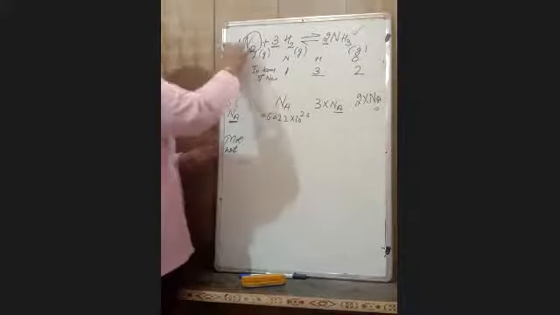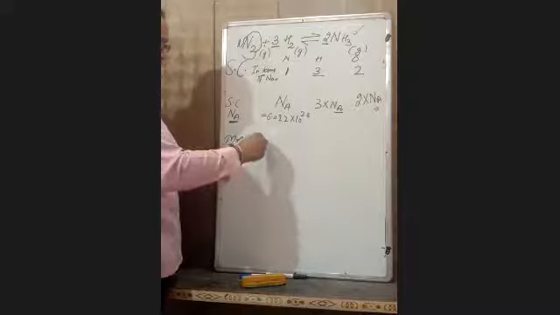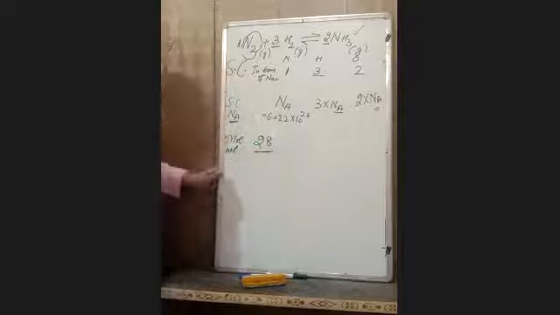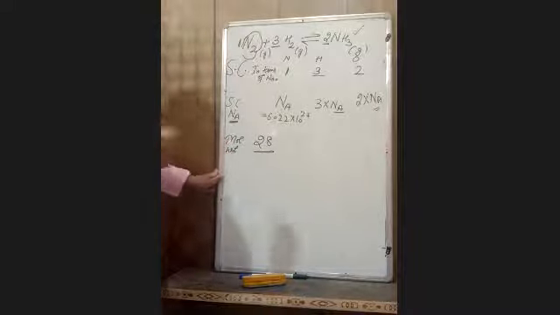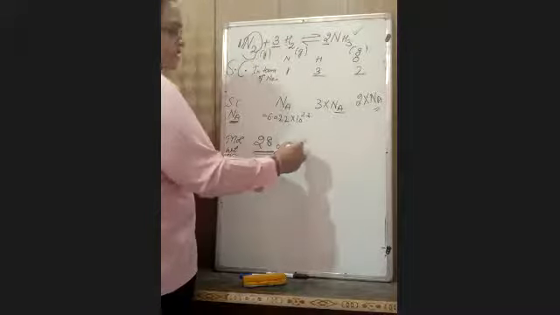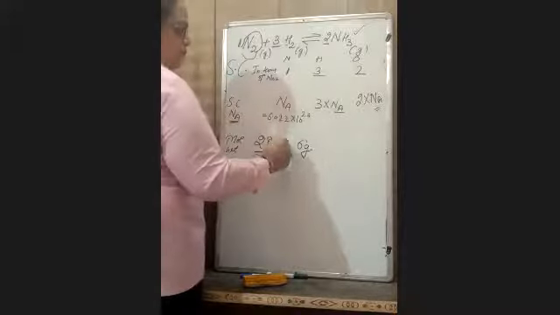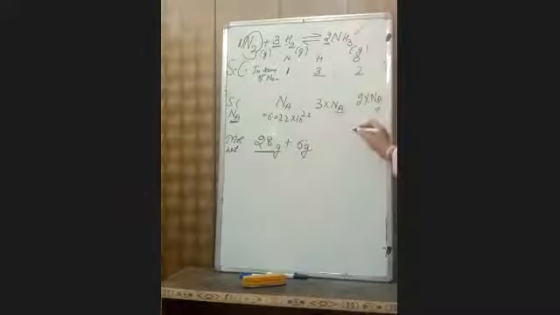So for 1 mole, nitrogen has molar mass 14, 14 into 2, 28 gram. When 28 gram of nitrogen combines with how much? 6 gram of hydrogen. It will form how much? 14 plus 3 is 17, into 2, that is 34 gram of ammonia.